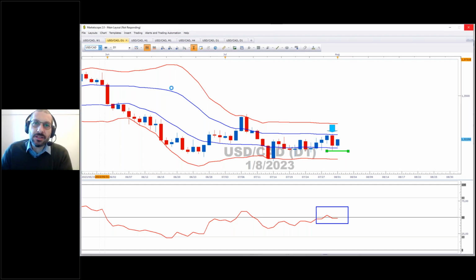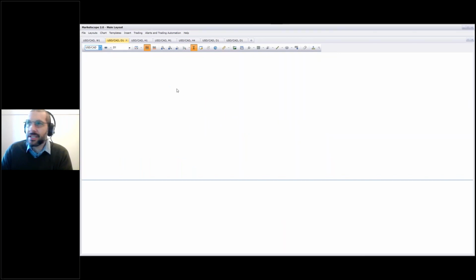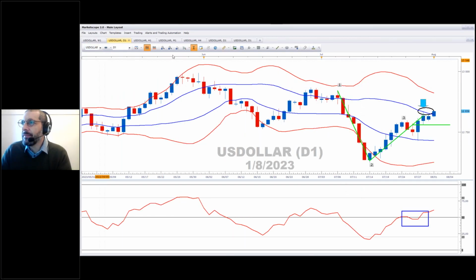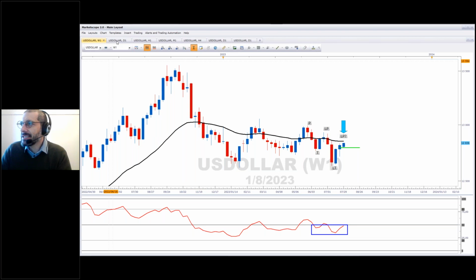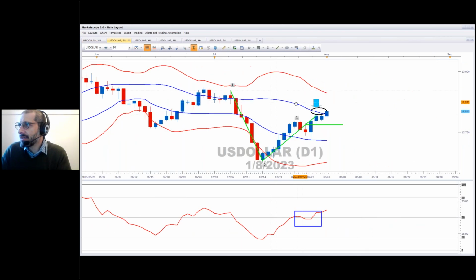Now, what we saw with the US dollar is that we do have the potential reference candle coming in, but there is no doubt that on a daily basis, it's making inroads.